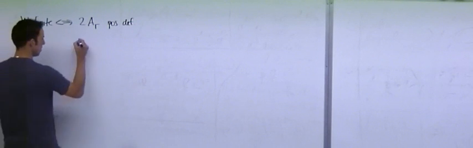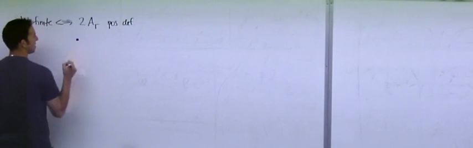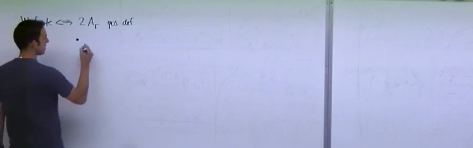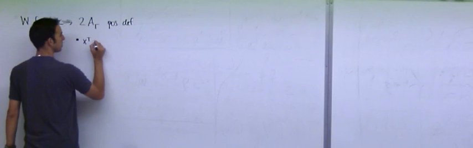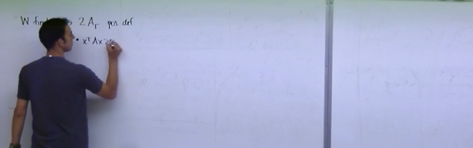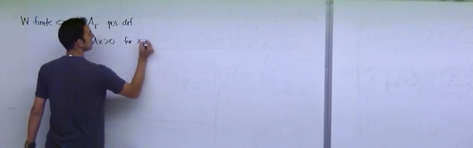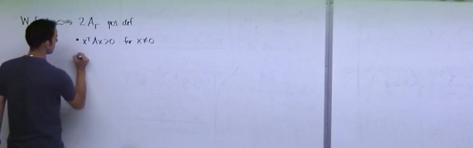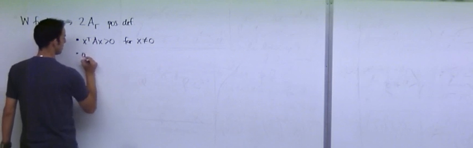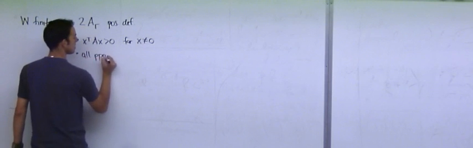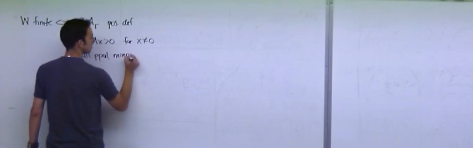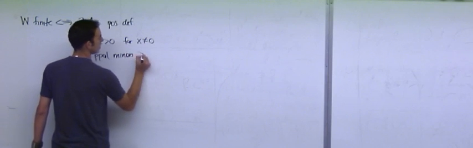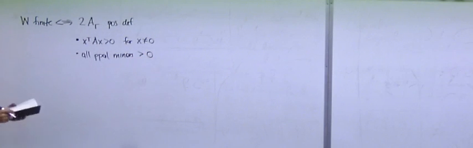And we said that there's two ways of saying what this means. One is that x transpose Ax is positive for all non-zero x. And another way of saying this is that all the principal minors of this matrix are positive, right?